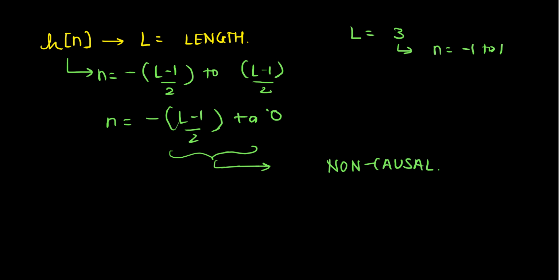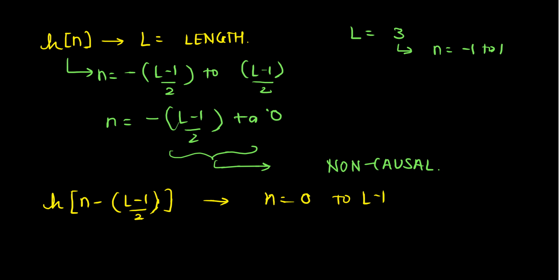So by shifting h of n by (L minus 1)/2 units, we can make its range from 0 to L minus 1, which is nothing but a causal system. So h of n minus (L minus 1)/2 exists for n equal to 0 to L minus 1, and hence this is a causal system.